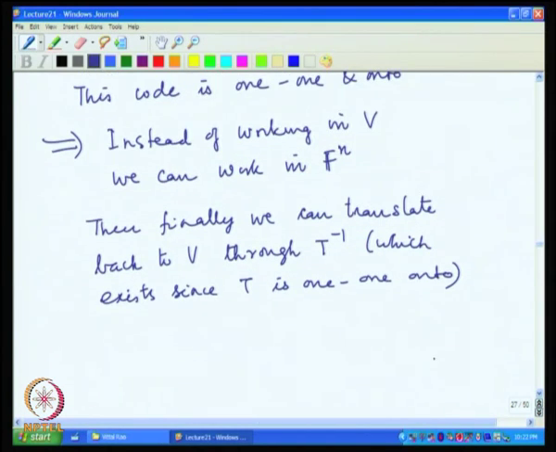Therefore, what this means is the following. It just means that if you have a field F, any vector space of dimension n over F is essentially F^n itself spoken in some other language, and for the translation we need this isomorphism, and the dictionary that provides this translation is the ordered bases B_V and B_Fn, through which we generate this isomorphism dictionary, and the reverse dictionary is T inverse.